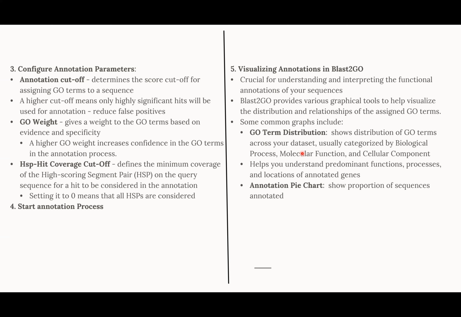This is usually categorized by the process the gene is involved in, the molecular function within that process, and then the cellular component. This will help you understand where most of your genes lie and their locations. The annotation pie chart is a summary of the GO term distribution graph, something similar but more condensed.